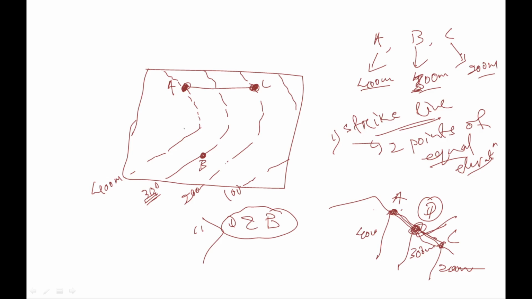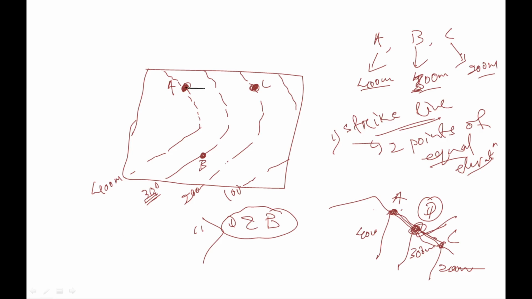Then you have to pass another strike line at A, then another strike line at C. At A the strike line will have 400 meter value, at C the strike line will have 200 meter value, and then you can plot another strike line of 100 meter value, like that. So first you have to join AC and plot it in another color.